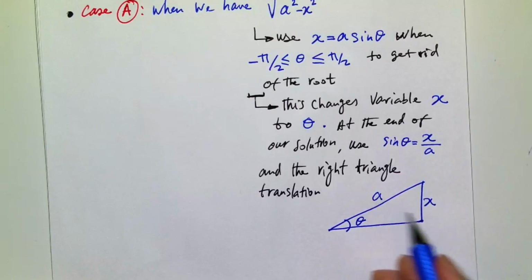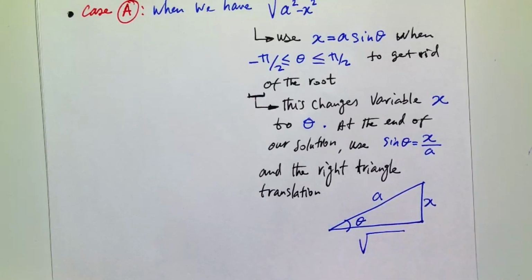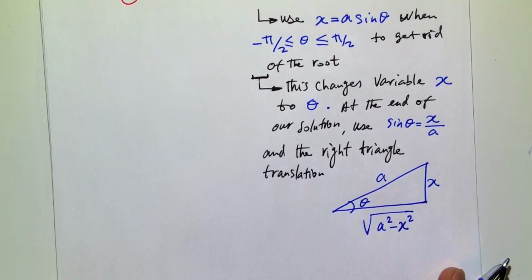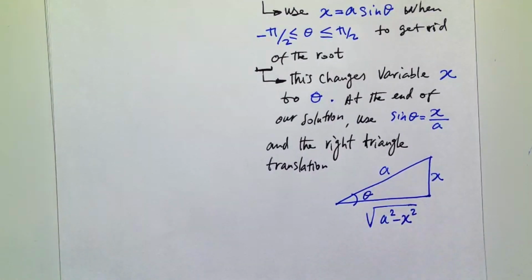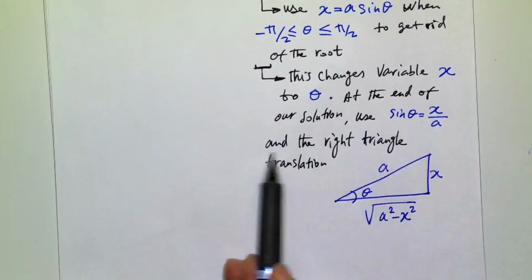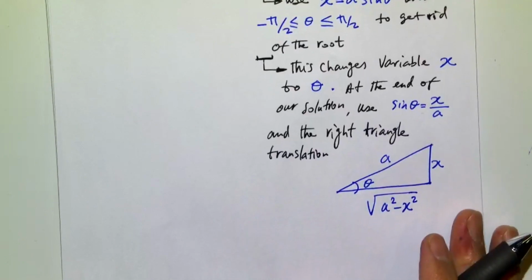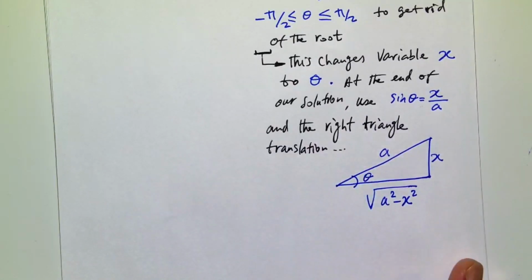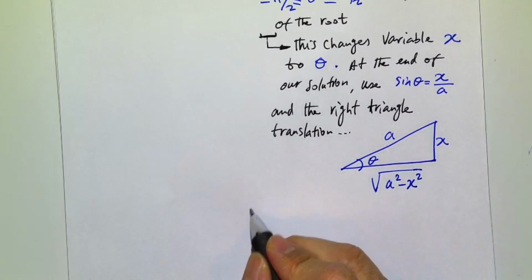And because of the Pythagorean theorem, this side automatically becomes the square root of a squared minus x squared, right? So that's that. And then use this and the right triangle translation to return to the original variable x.